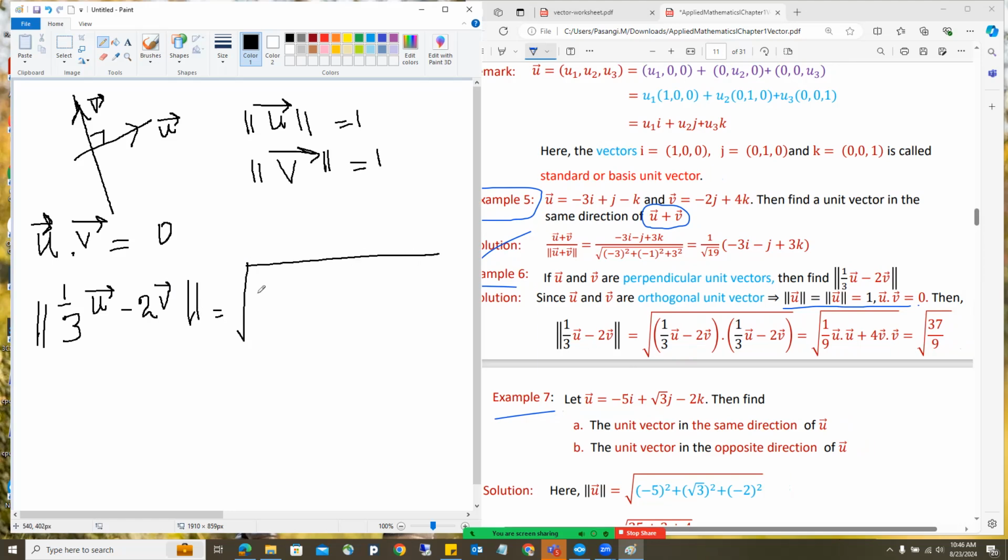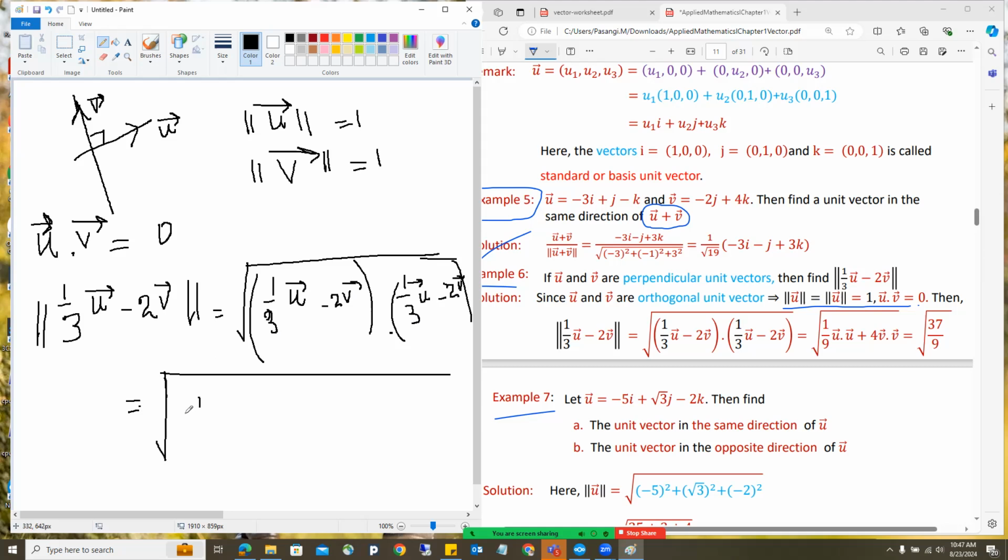So this is equal to the square root of, 1 over 3 vector u minus 2v, dot 1 over 3 u minus 2v, which means here we have the square root of the same thing: 1 over 9 times this one plus 4 times this one.